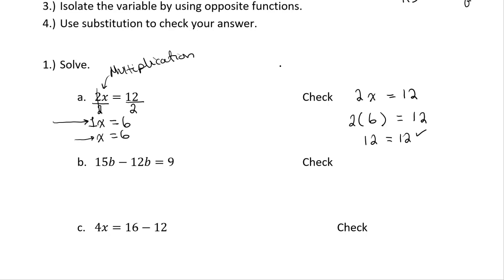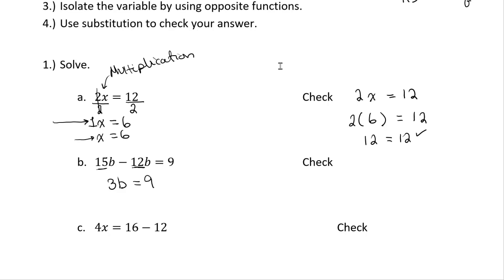So I get 15b minus 12b. Remember, pay attention to those coefficients. And I get 3b. It's just a pile of 15 b's, and you're taking 12 b's out. How many b's do you have left? And I have that equals 9.